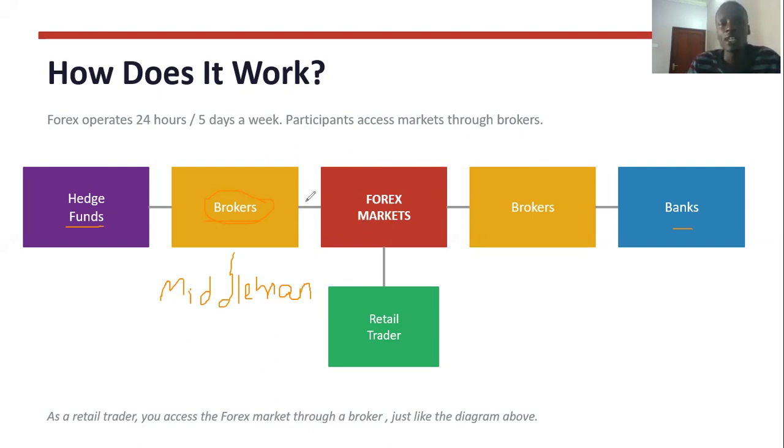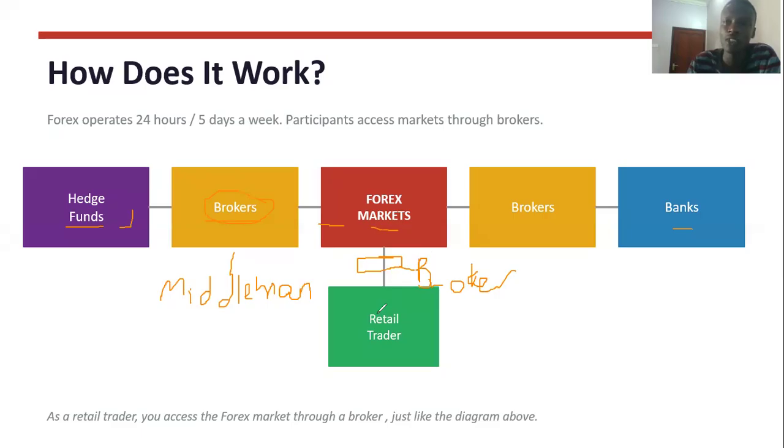What brokers do is connect the hedge funds to the Forex market, and here they also connect the retail trader. This broker connects the retail trader to the Forex market. So that's how it works. It operates 24 hours for 5 days, through the broker.